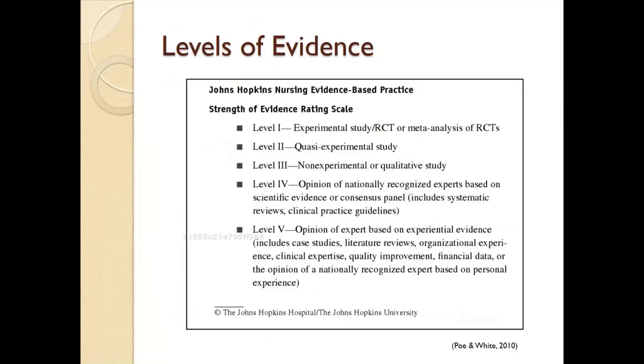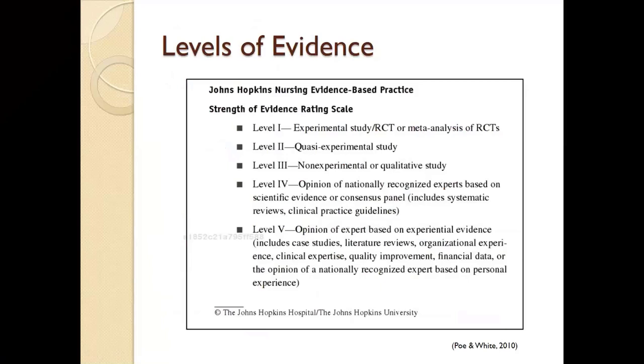And then level 3, which is perfectly acceptable, is non-experimental or qualitative study. A qualitative study is going to be a survey or opinions or interviews. So that's level 3 of evidence. And then 4 and 5, you're probably not going to want to use for your assignments. They're going to be opinions of experts.